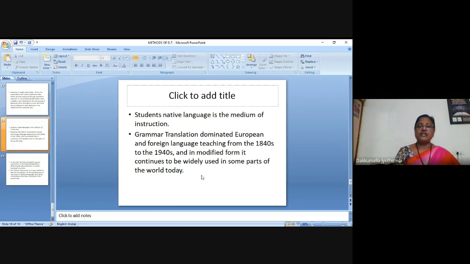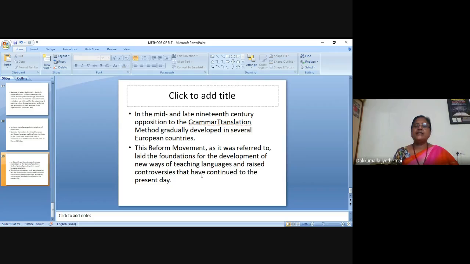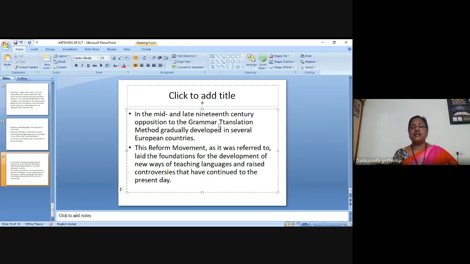And in the mid and late 19th century, opposition to the grammar translation method gradually developed in several European countries. A dissatisfaction over the method developed, and this reform movement, as it was referred to, laid the foundation for the development of new ways of teaching languages and raised controversies that have continued to the present day.